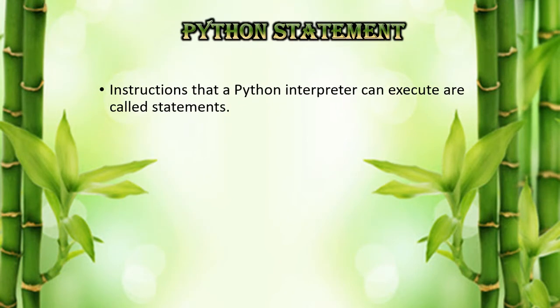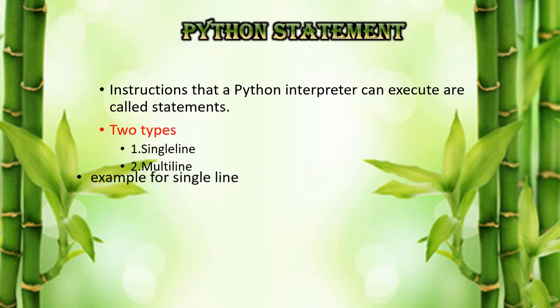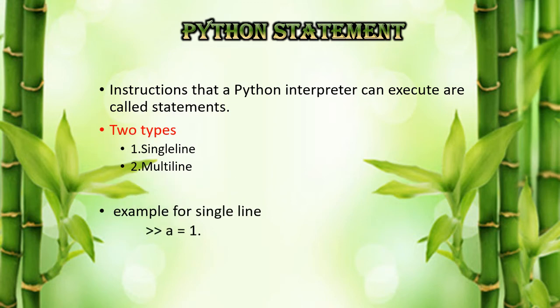Python statements are nothing but instructions, telling the interpreter what it has to execute. Statements are also of two types: single-line and multi-line. For a single-line example, one is assigned to a.